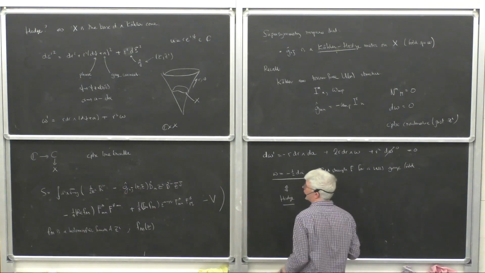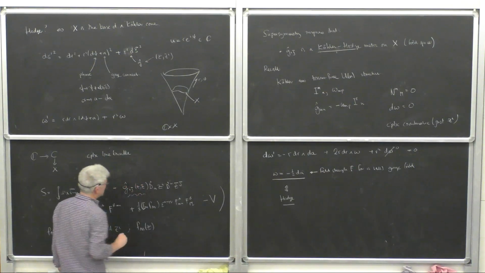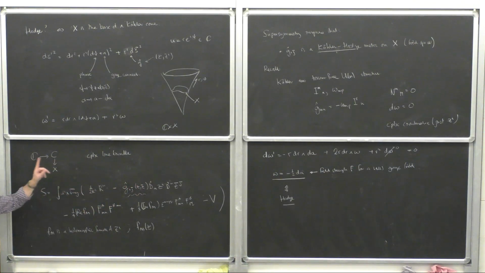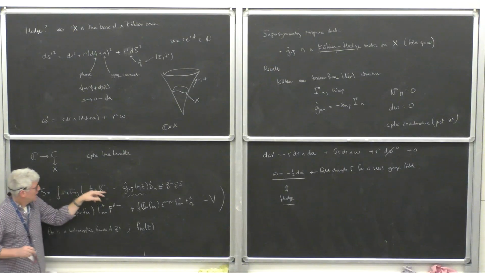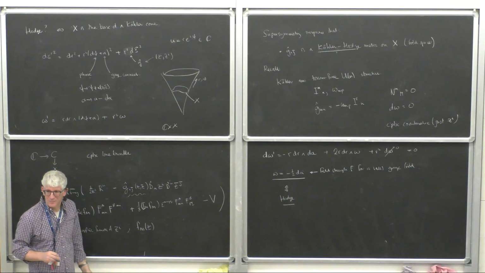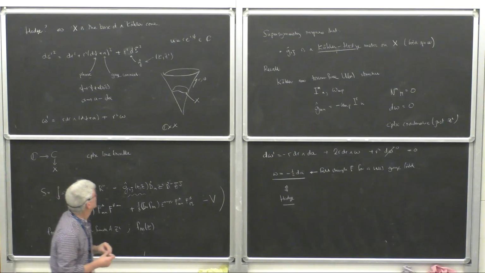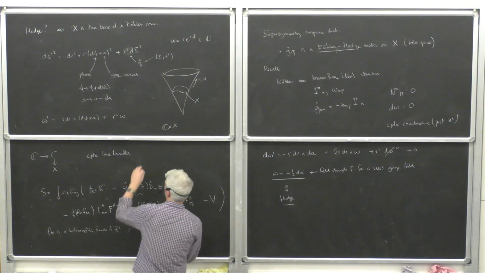Okay, so I told you what this bit is. So this bit of the action is not an arbitrary metric on the field space, but it has to be a Kähler-Hodge metric. What about these gauge fields? So now let's think about the gauge fields.